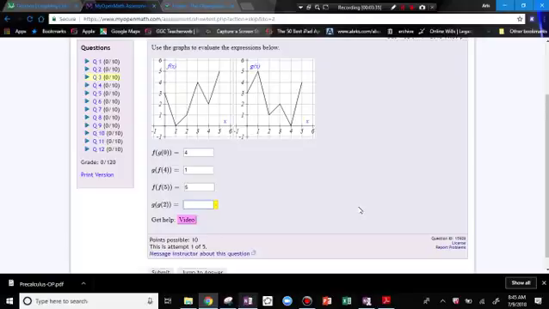G of 2, G takes 2, makes it 1. Then G takes 1 and makes it 5. Right, just applying functions. We do this all the time, right? We take something, apply functions to it.